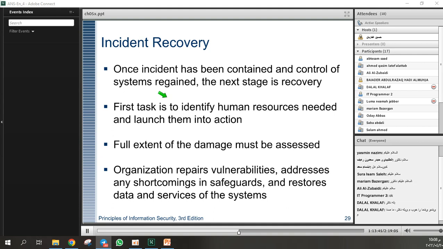Quickly, after the incident, I should document. Okay, these resources are affected. How many human resources do we need? Which type of specialty do we need?